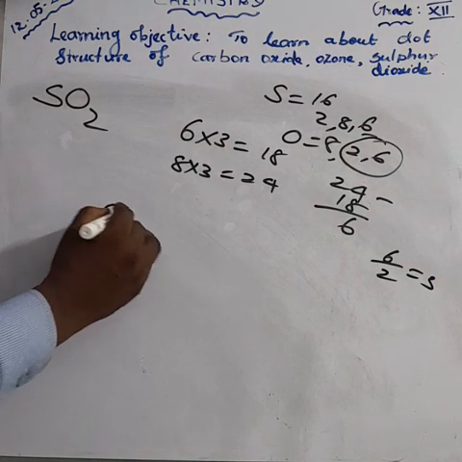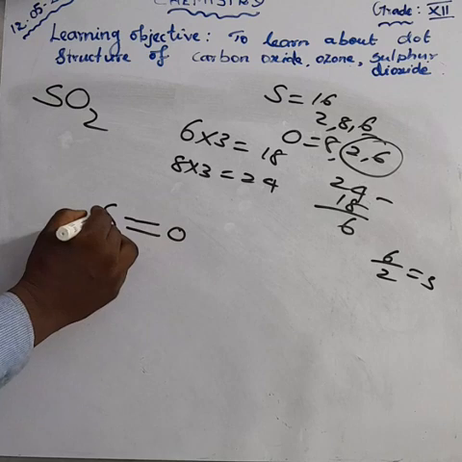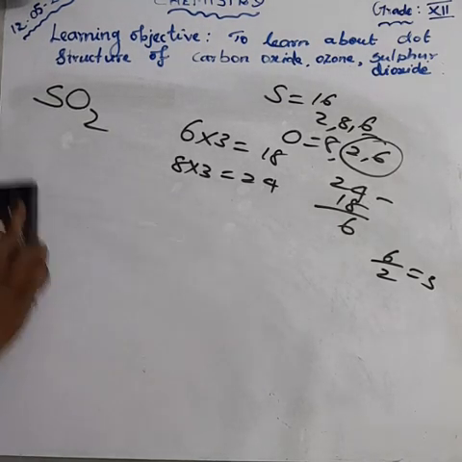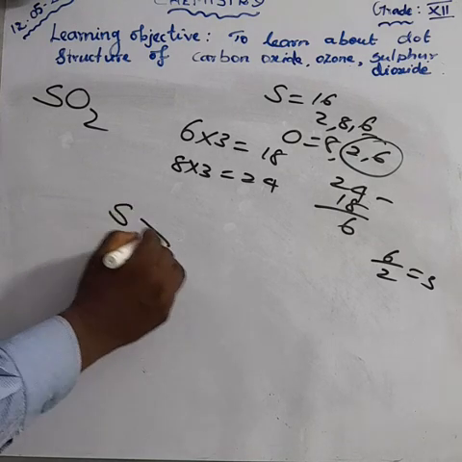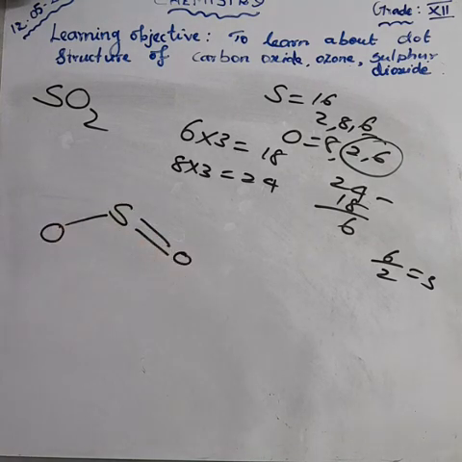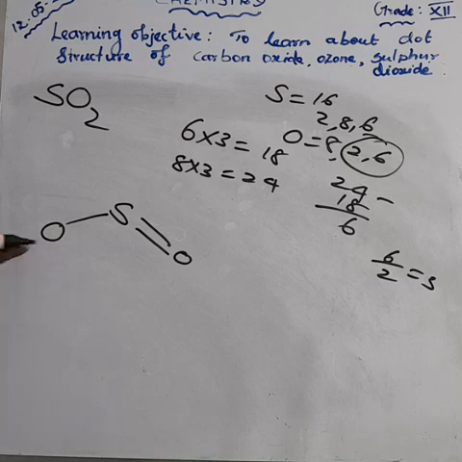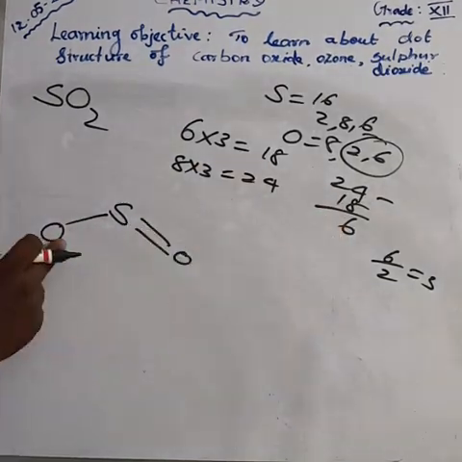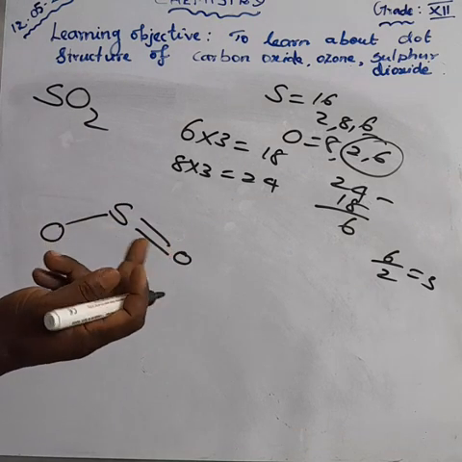So sulfur, oxygen, oxygen, like that. Sulfur, oxygen, oxygen. Yes or no? So single bonds use 6 out of 18, 6 is over. Remaining we have 12 electrons.